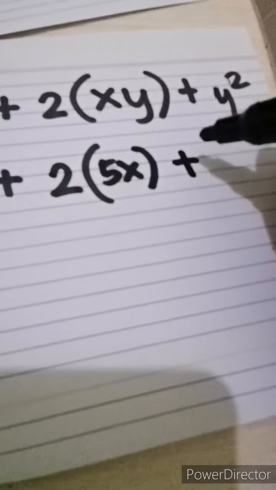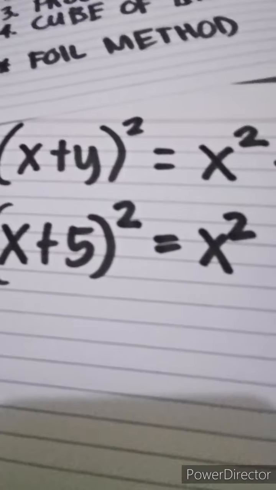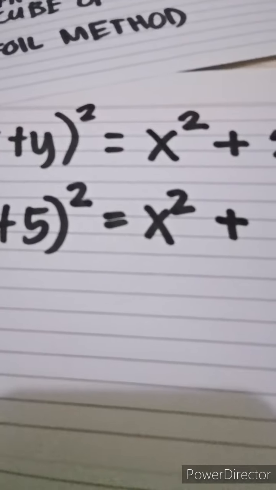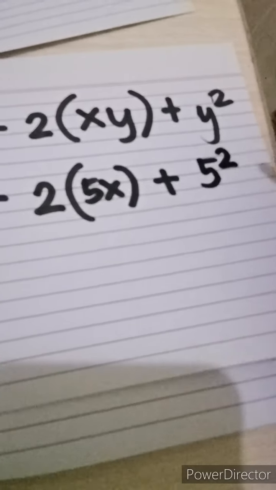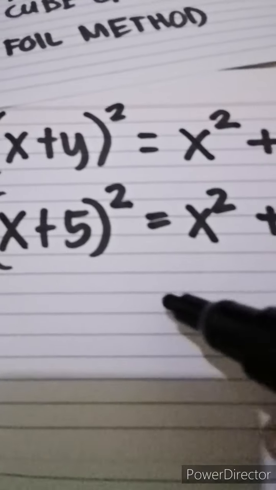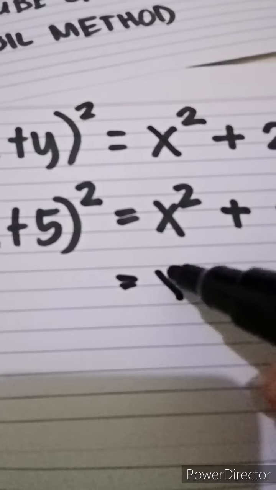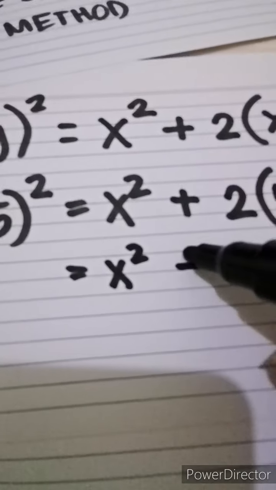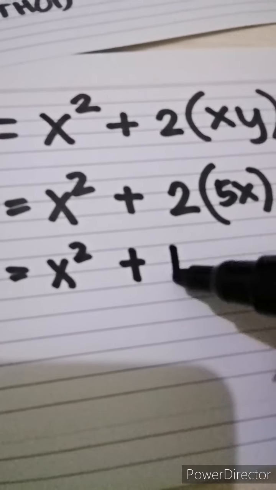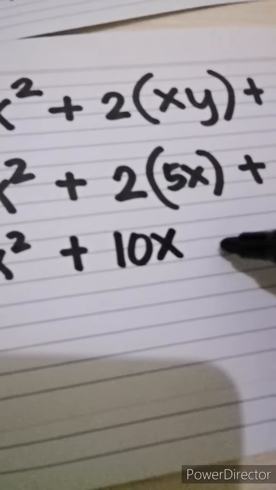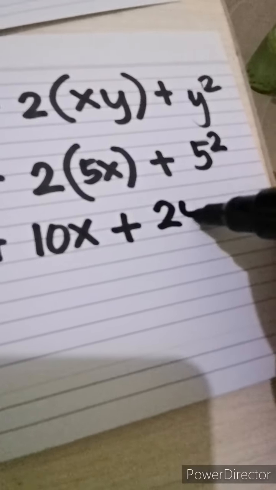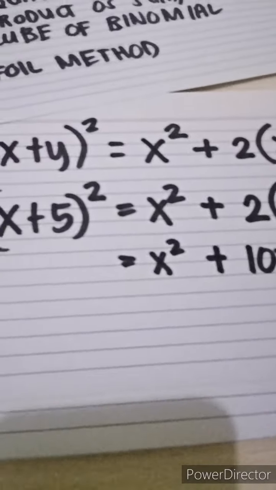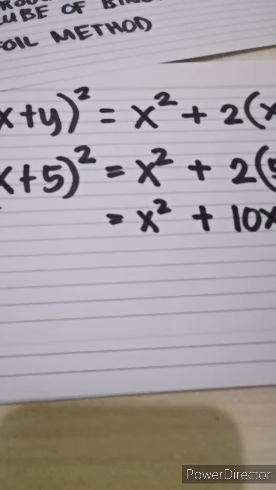And then, again, square the last term. Our last term is 5, so we have 5 squared. Simplifying, our answer should be x squared plus 2 times 5, which is 10x, plus 5 squared, which is 25. And that is the squaring of a binomial.